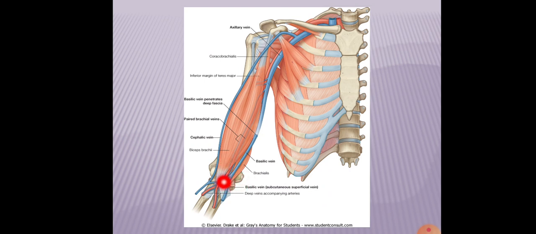The ulnar and radial veins join each other to form the venae comitantes of the brachial artery. The venae comitantes of the brachial artery join the basilic vein to form the axillary vein. Okay?